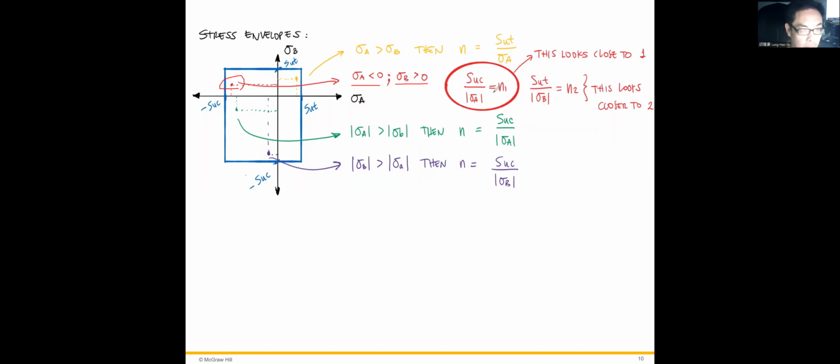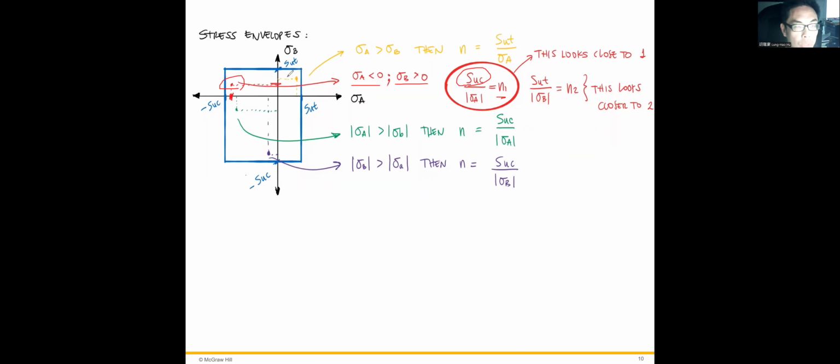Suppose we define the safety factor N1 equal to SUC, because one point is for the compressive and the other is for the tensile area.